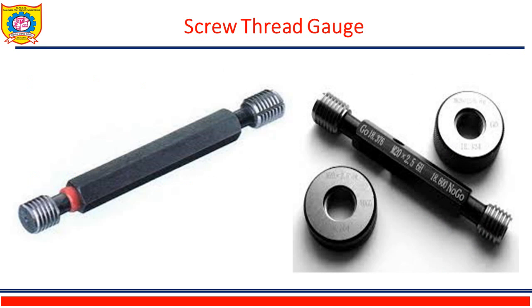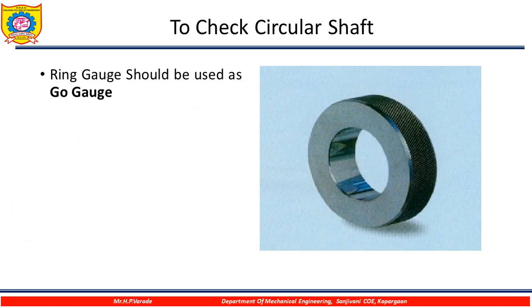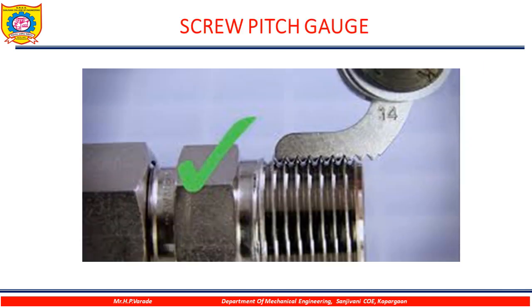Screw thread gauges, as the name suggests, are used for checking the screw threads of different components, threaded components. To check the circular shaft, a ring gauge should be used as a go gauge. Screw pitch gauge. Now, as the name suggests, the screw threads have different pitches.